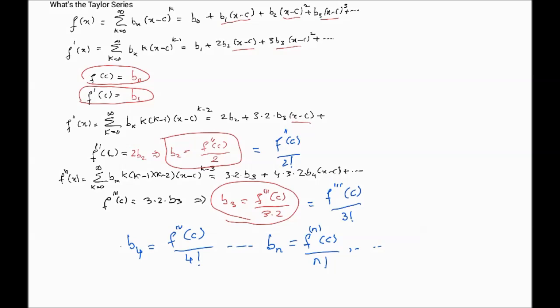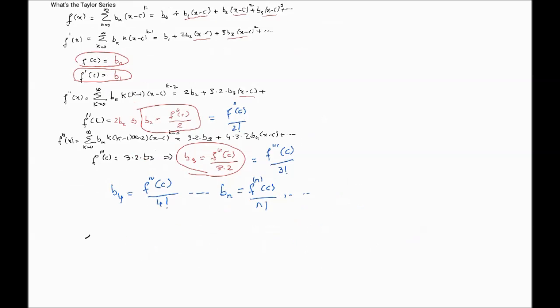So basically, what it boils down to is f(x), any function, can be written as a Taylor series, which is an infinite series, of course, with the bk's as follows: the kth derivative at c over k factorial times (x minus c) to the power k.